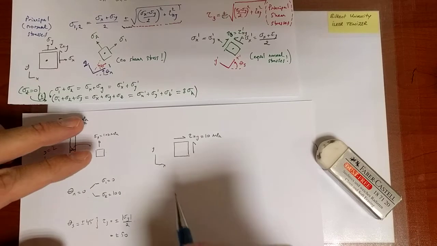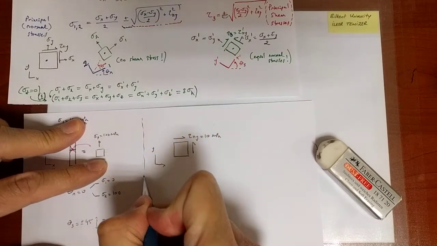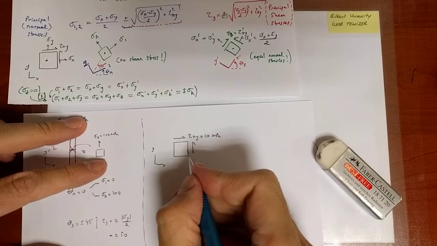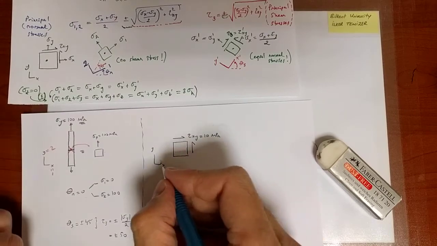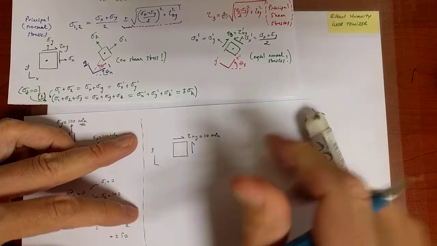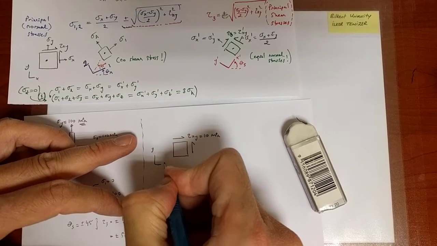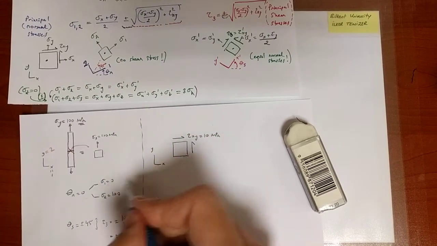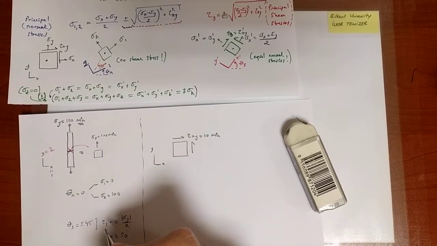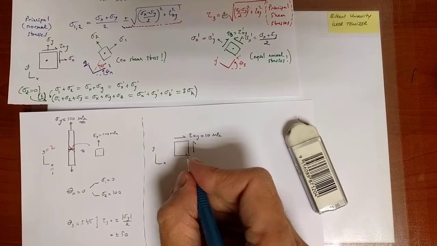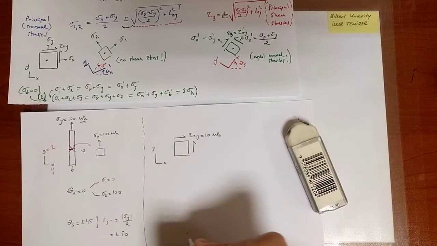In the second problem, we have a pure shear scenario, and I am interested in the same questions: what are the principal normal and shear directions? So here I can immediately start with the value of theta s.